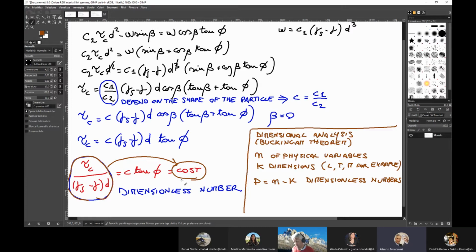Why? Because let me consider what are the physical variables governing my process. And so let's see how many dimensionless numbers I need to describe the process.